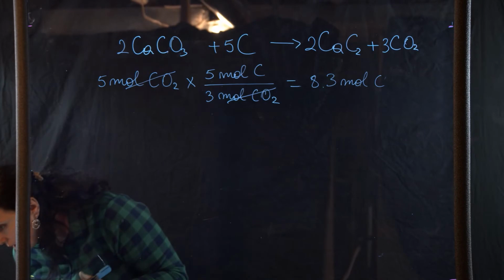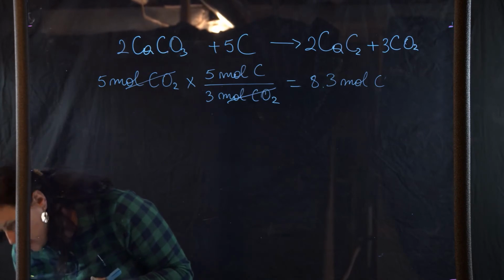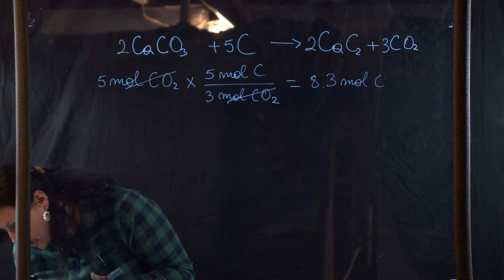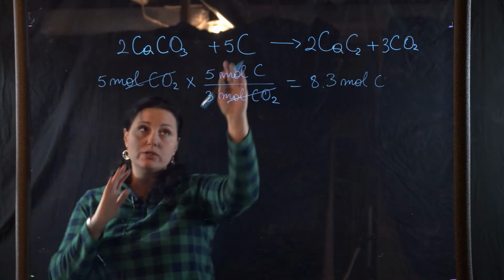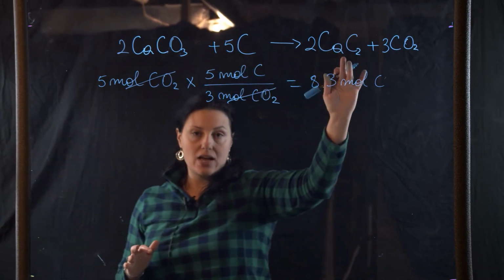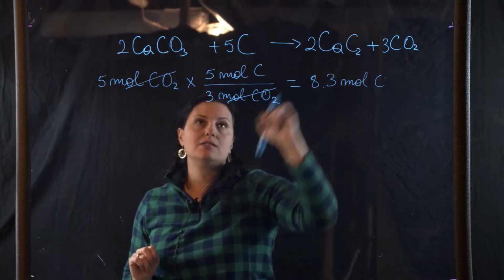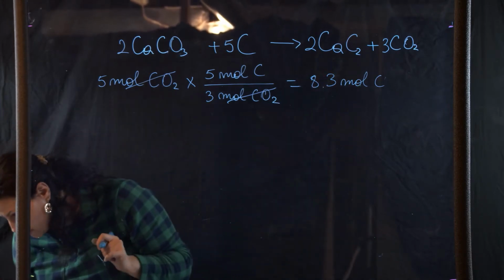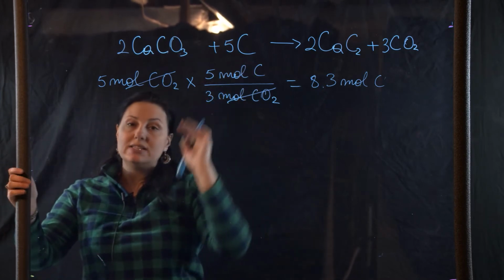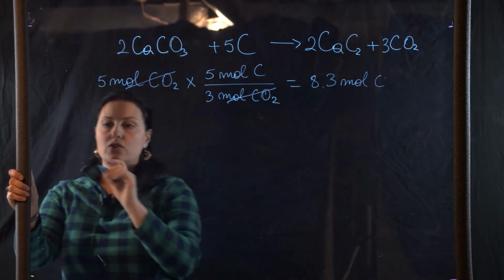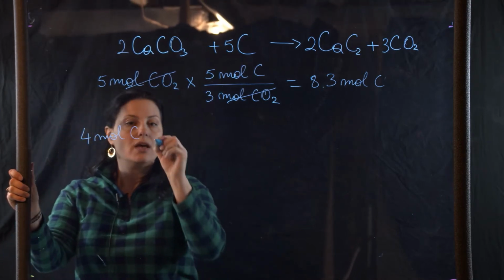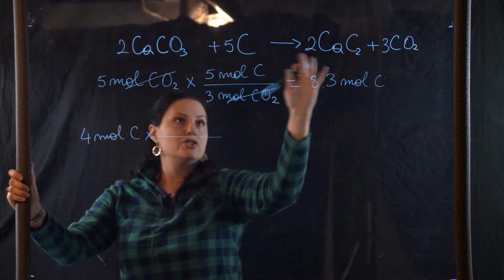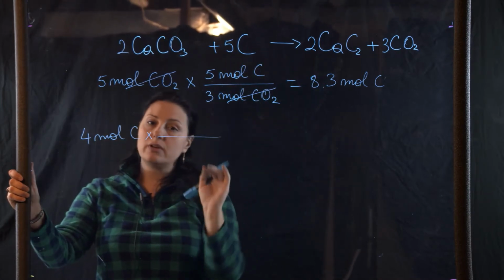The next question, how many grams of calcium carbide are produced when 4 moles of carbon react with an excess of calcium carbonate? So now I have moles of carbon, and I'm being asked to calculate how many grams of calcium carbide are made from 4 moles of carbon. So once again, start with the amount that you're given. I have 4 moles of carbon, and I write my molar ratios in such a way that my moles of carbon will cancel out.